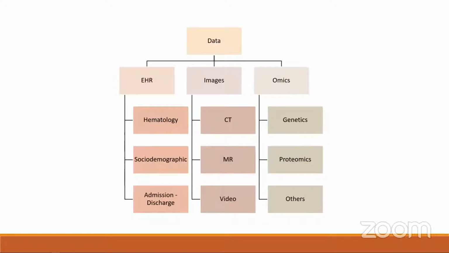Here are some examples of data value we can extract if we are talking, in the first column, about electronic health records. We can extract information about hematology. So, for example, blood samples: which kind of biomarkers are we trying to observe and get conclusions from? Are we doing a sociodemographic study?